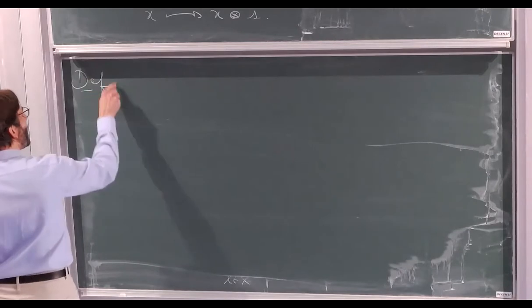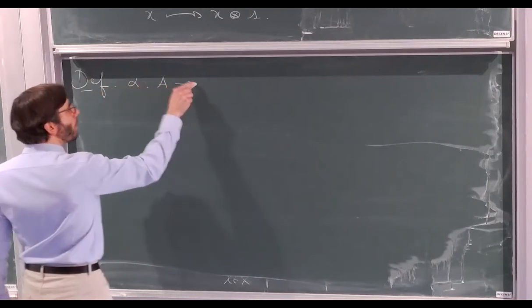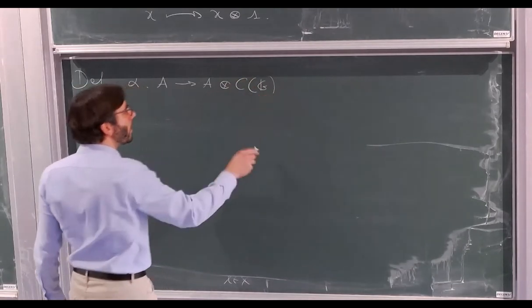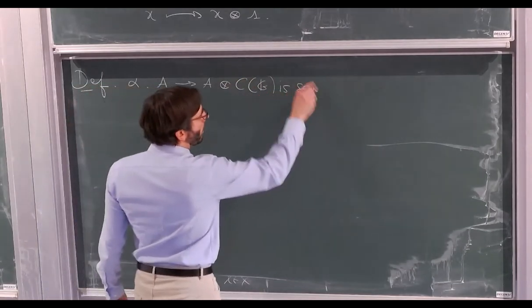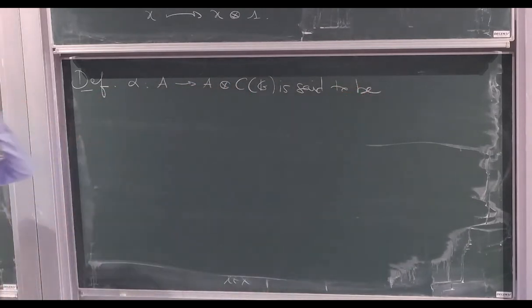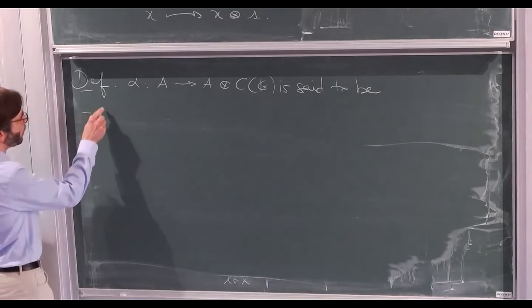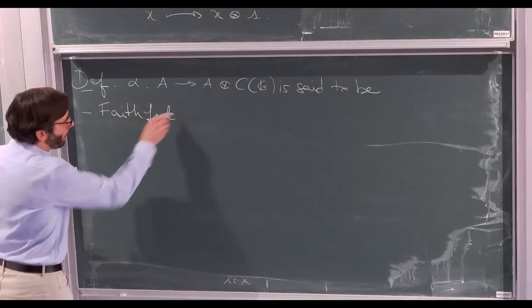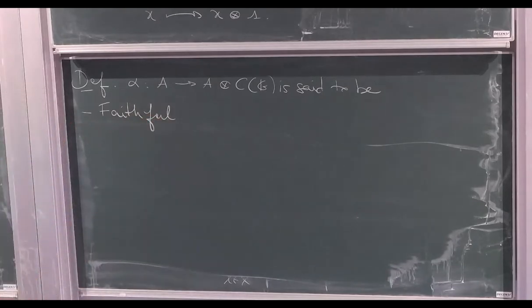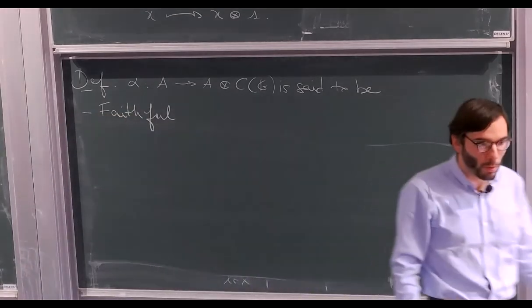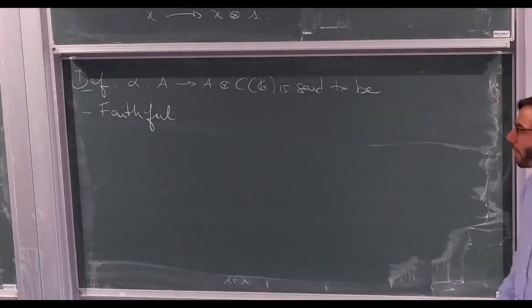So assume we have an action of a quantum group on a C-star algebra. We will use two notions of being far from trivial for an action. One is to be faithful. So what does it mean to be faithful for a group action? Well, it means that the group homomorphism that you get from your action is faithful.